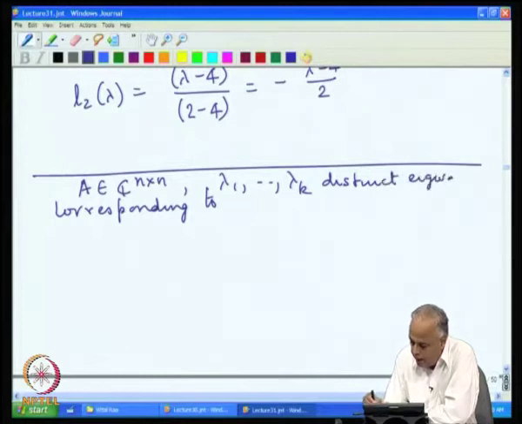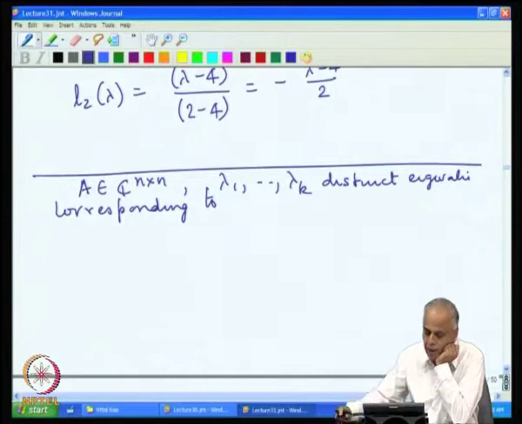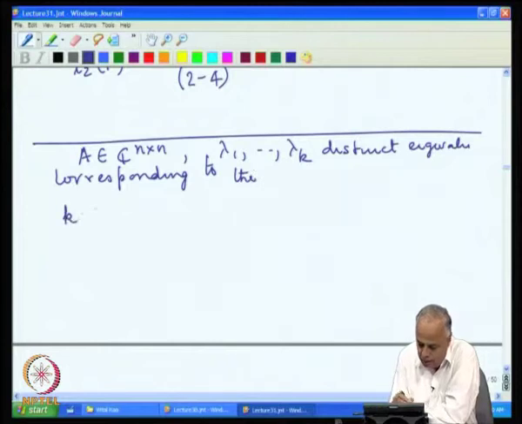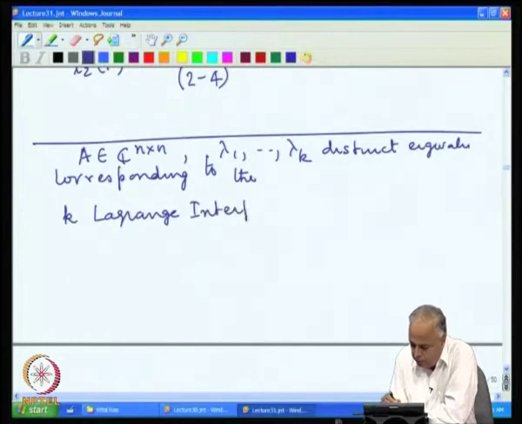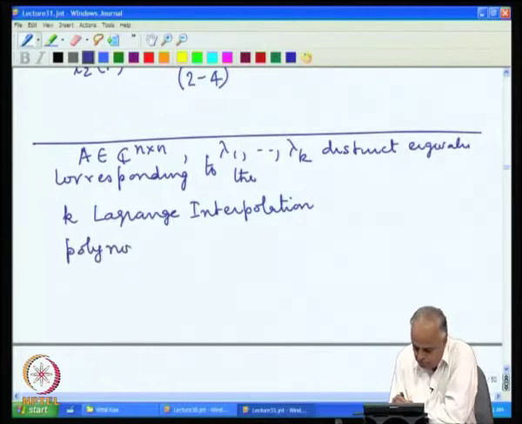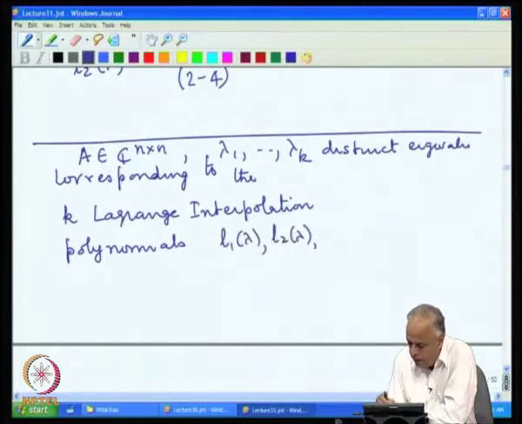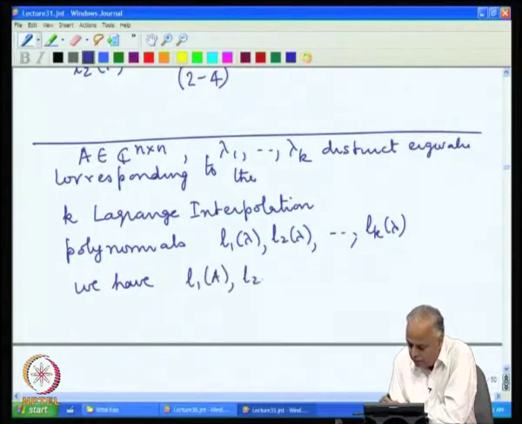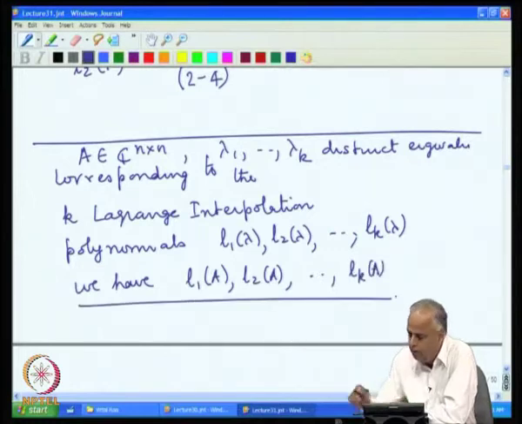Once I have k distinct eigenvalues, we have k Lagrange interpolation polynomials: L1(lambda), L2(lambda), etcetera, Lk(lambda). We have the corresponding matrices L1(A), L2(A), etcetera, Lk(A). We will use these matrices.